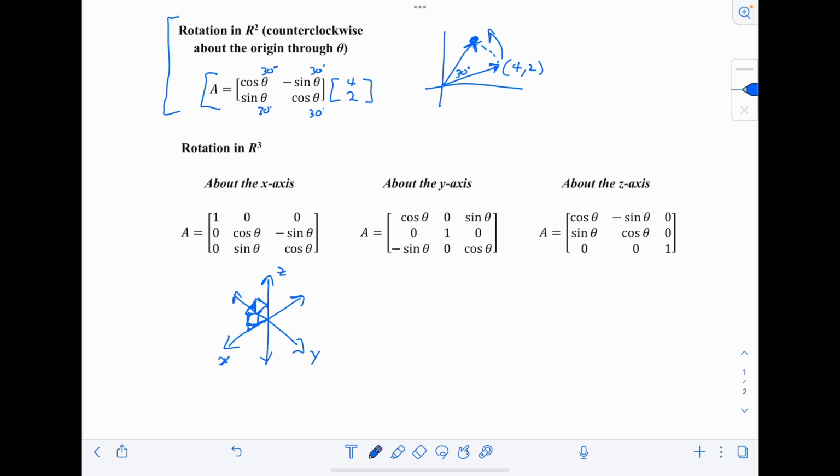There we go. I've got my little box, and we want to rotate it about the x-axis. Obviously, then I'm just taking this and rotating it around that x-axis. Same for the y, same for the z, just using those matrices, just like we did before.